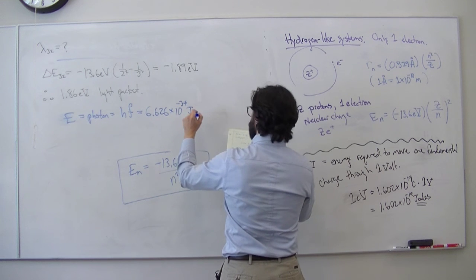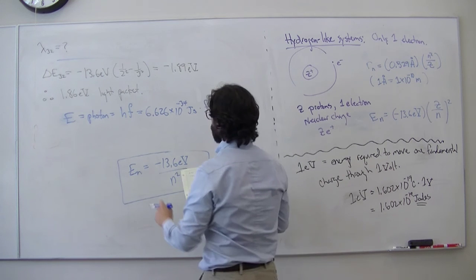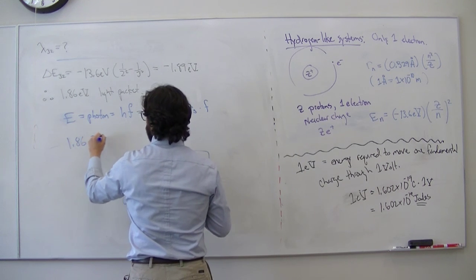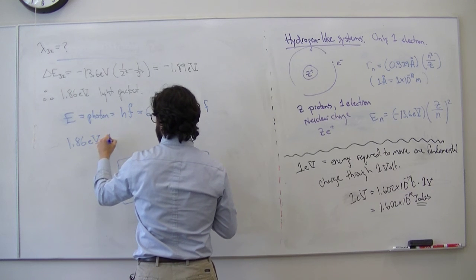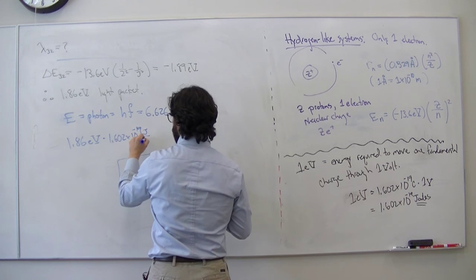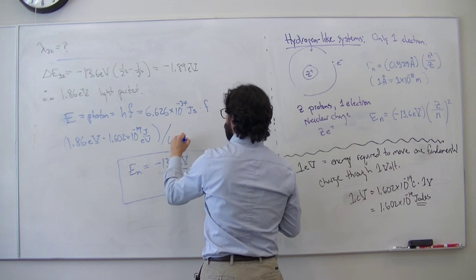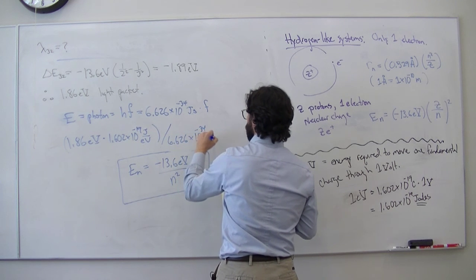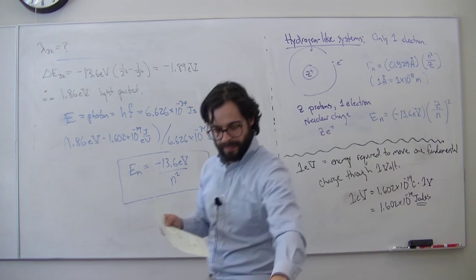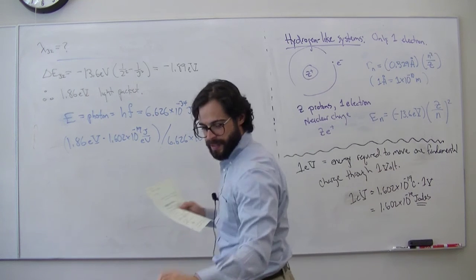And that frequency is, we'll just figure that out. We have to convert this to joules, and there is 1.602 times 10 to the minus 19th joules in an electron volt. And then we divide that by h. And that gives us a frequency. And I'll write the frequency because it's kind of interesting.